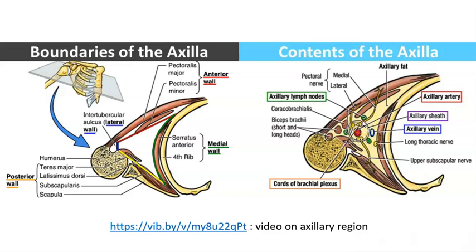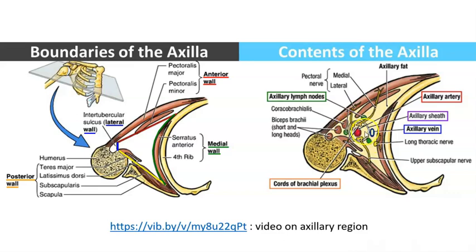Okay, why I should mention cord of brachial plexus? Because brachial plexus we will go through after this. Brachial plexus has 5 separate parts, which are root, trunk, division, cord, and branches. So this is where the cord is.